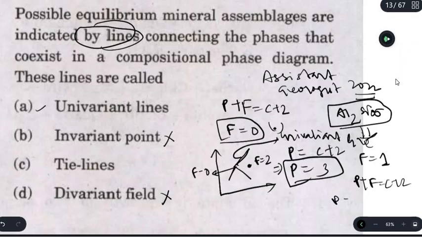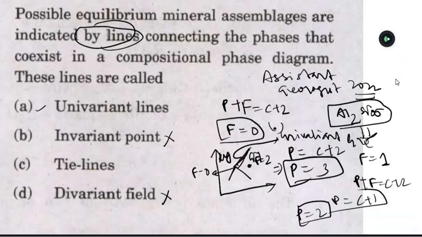If 1, then phase will be C plus 1, that means 2 for the Al2SiO5 system. If you mark also along that line, suppose this is the kyanite field, this is the sillimanite field, so along that line kyanite and sillimanite are both stable here. Am I right or wrong? So this is all about the univariant line.